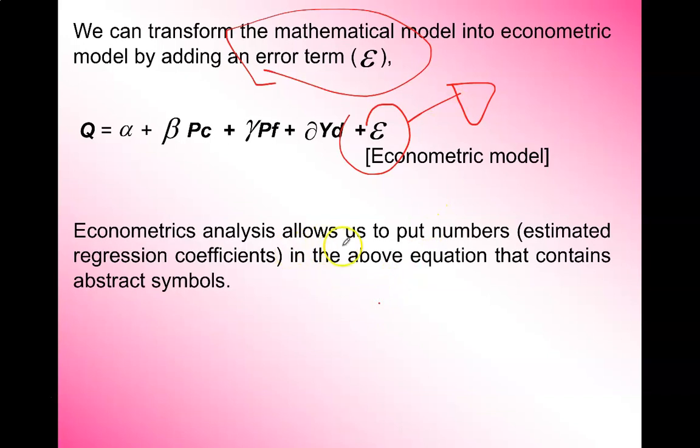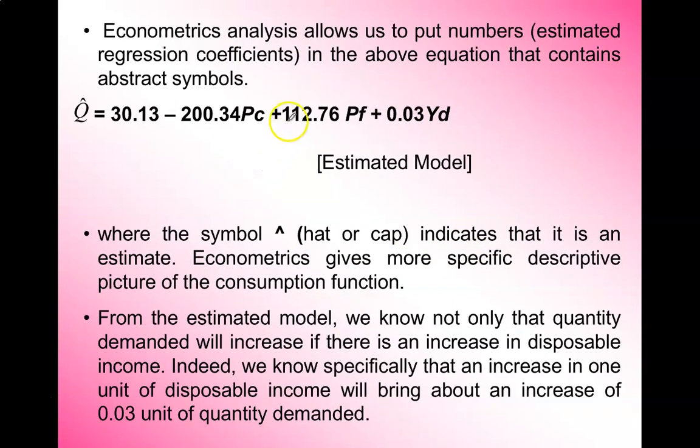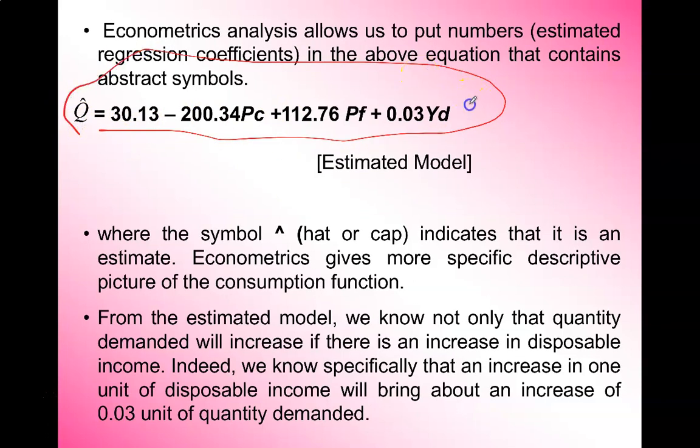Right, econometric analysis allows us to put numbers in the above equation that contains abstract symbols. For example, you have the data, and then you estimate, and you get these numbers. Then what do these numbers mean? You cannot just say it's significant. You found that this is negative according to theory. This is positive, and then we know that this is a substitute good, and this is positive, which is good.